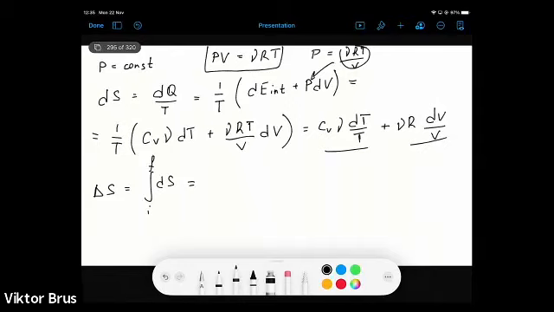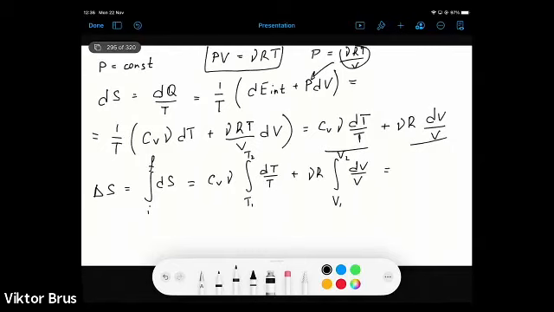So in these cases, we will have CV times nu integral from T1 to T2, which stands for temperature at the initial and final states, dT over T, then plus nu times R integral from V1 to V2. It also stands for volume at initial and final states, dV over V.